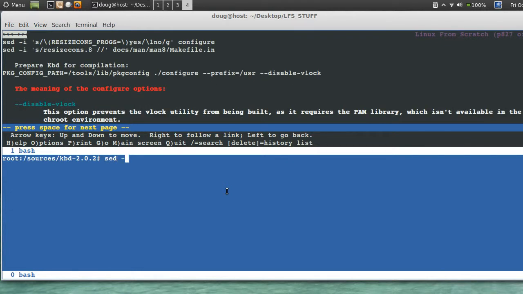Let's say sed -i, please. Resize console progs equals nothing. Yes, with escape out.